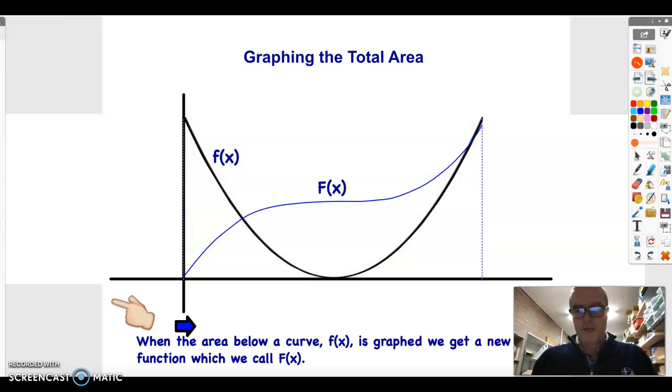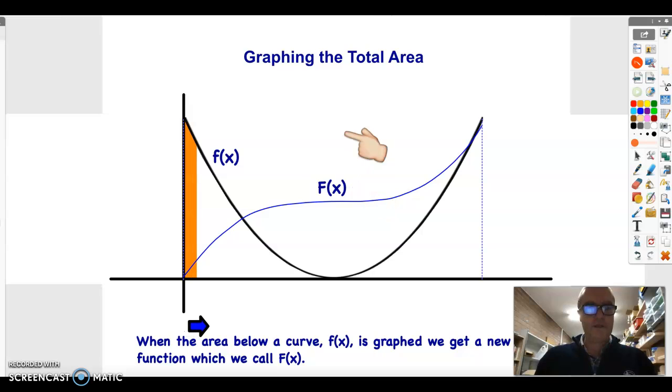So this time I'm going to shade that area again. But you can see there are two functions here. We're going to shade the area below the function f of x with a small f. And as we shade that area, it's being plotted by another curve that we call F of x but with a capital F. So here you can see that the area is increasing, as is the function.